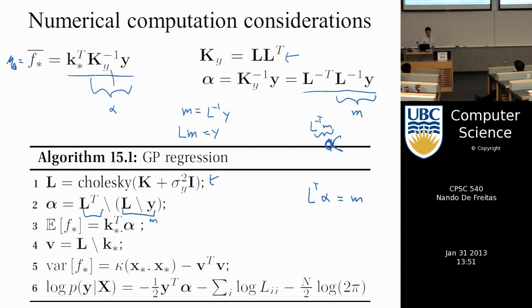Once I have alpha, I multiply it by K, and I get the expectation, which is just mu star. The same trick is used for the variance. And that, in that many lines of code, is the code for doing Gaussian processes.